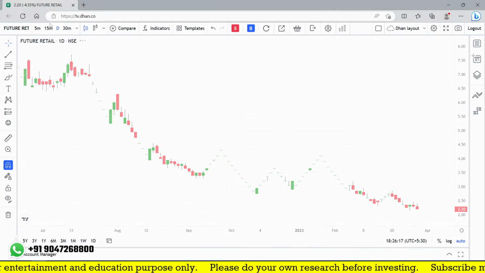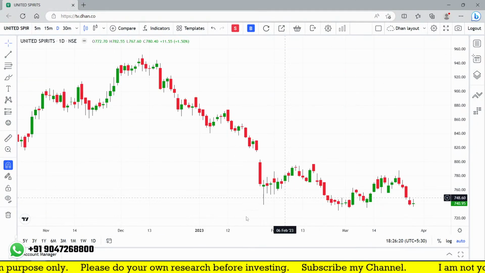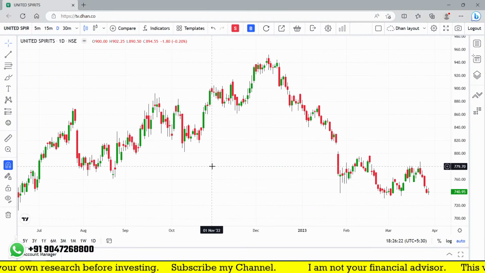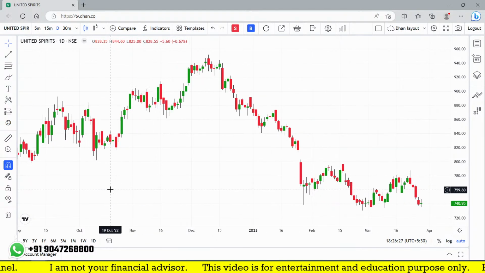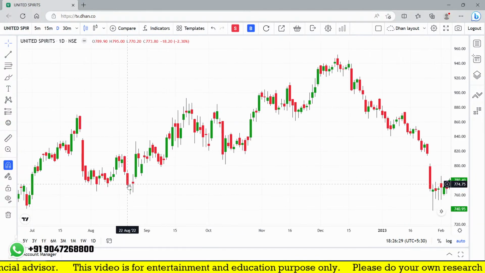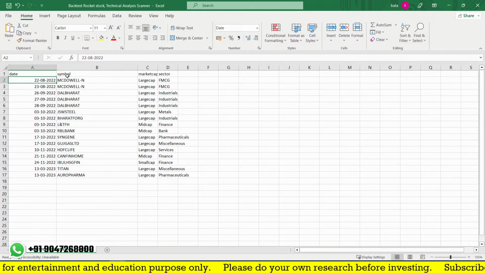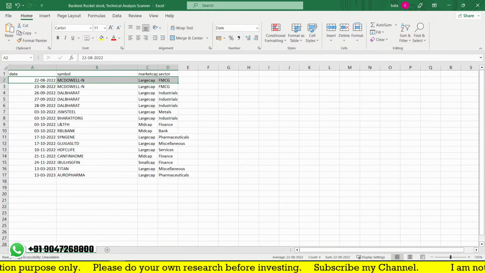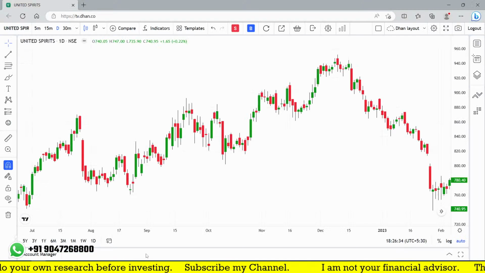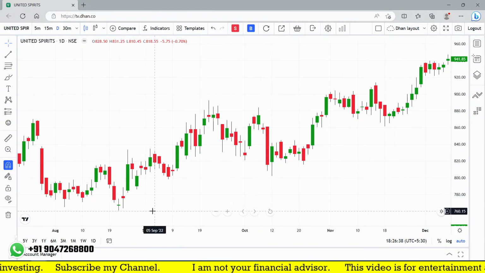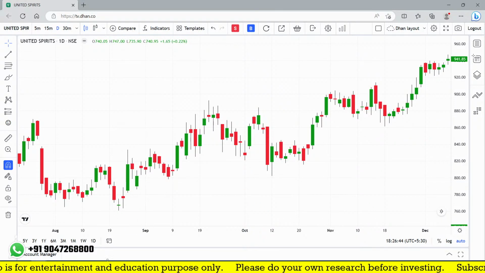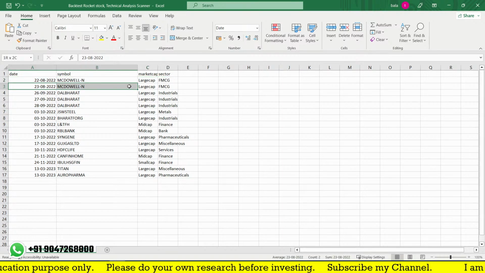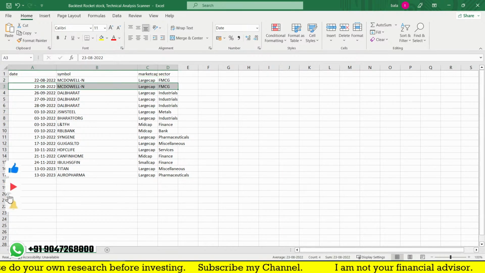McDowell, United Spirits. 22nd August, look at this, the first time the scanner happened. I'm focusing on this particular high to break, but the day doesn't give the breakout around 795. Again, I'm waiting on the same scanner. Next day, the same stock is available here, 23rd 8.